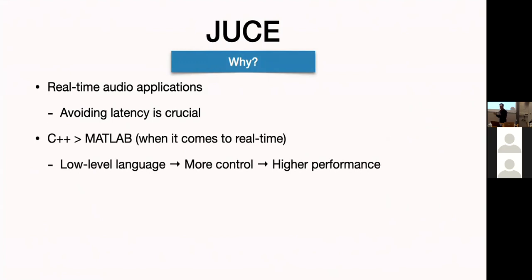There's the audio toolbox, which we saw here, which does some of this, but it actually compiles MATLAB code into C++ before it generates the plugin. So C++ is a lower level language, definitely, than MATLAB, which means you get more control over what is happening behind the scenes, over memory allocation and stuff, and thus higher performance code than higher level languages. And with low level and high level, we mean low and high level of abstraction. So the lower level, the closer you are to the processor.